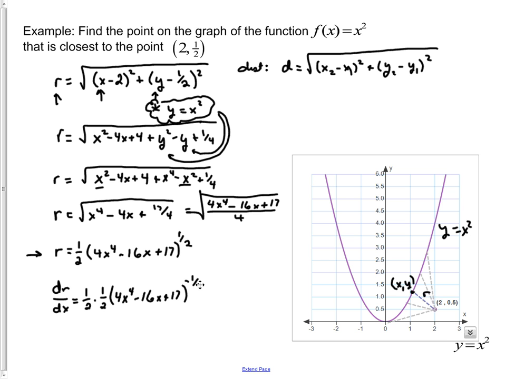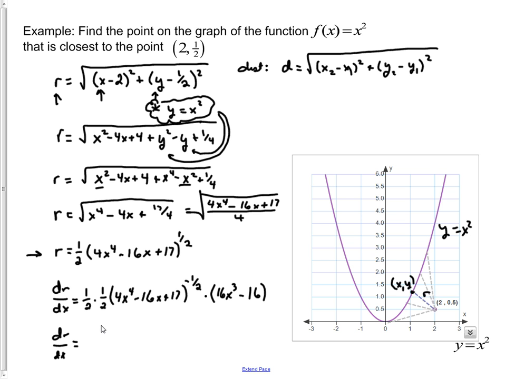And by the chain rule, we multiply that by the derivative of this inner part, which is going to be 16x cubed minus 16. All right, so dr/dx, when we simplify this, and I'm not going to waste your time with a whole lot of algebra. Again, if you need to take a little bit of time to do this for yourself, you should.